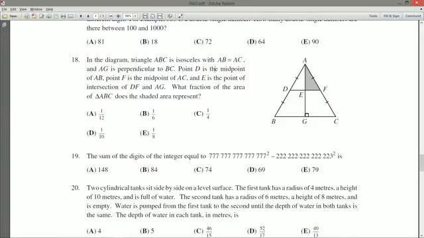Point D is the midpoint of AB, and point F is the midpoint of AC. And E is the point of intersection of DF and AG. What fraction of the area of triangle ABC does the shaded triangle AEF represent? We have choices of a 12th, a 6th, a 4th, a 10th, and an 8th.